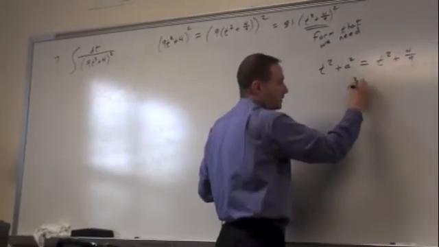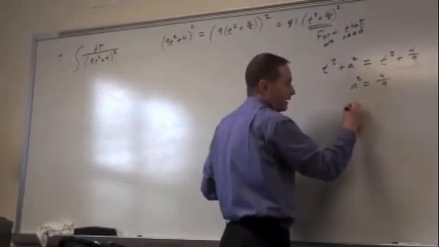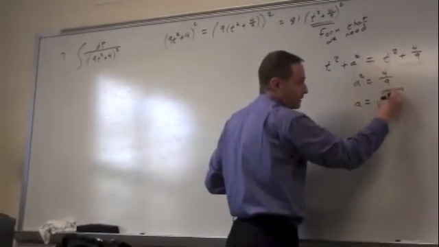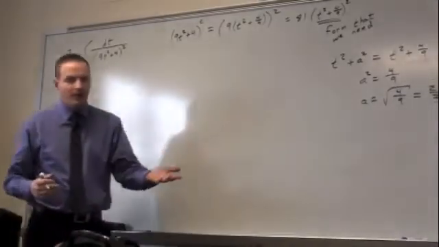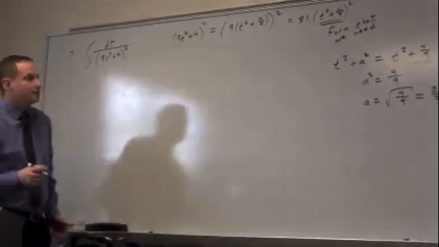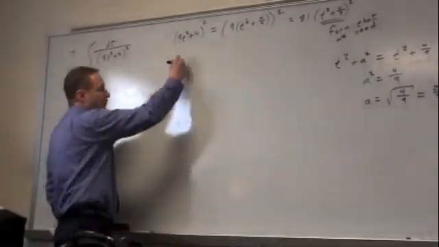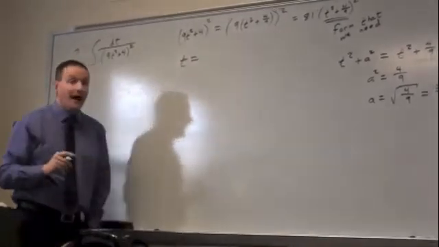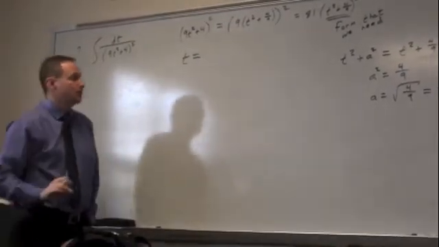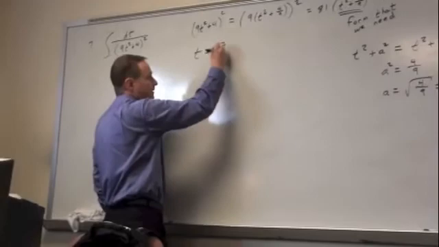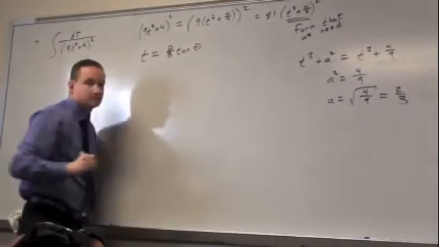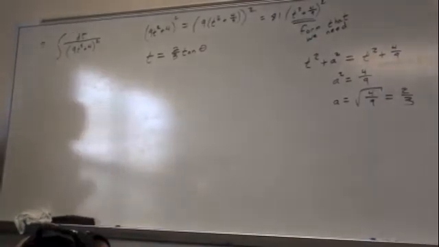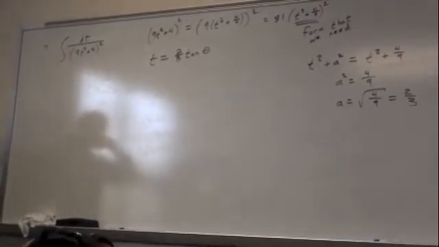So a squared is 4 over 9, a is the square root of 4 over 9, 2/3. All of that is just my thought. It doesn't have to be written down, to get to the point where I say, what's my trig substitution? I will let t equal 2/3 tangent theta. That's going to be the helpful trig substitution in this problem.